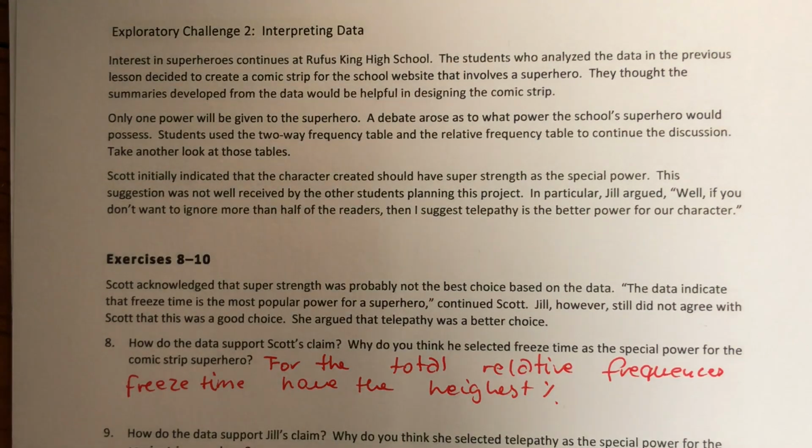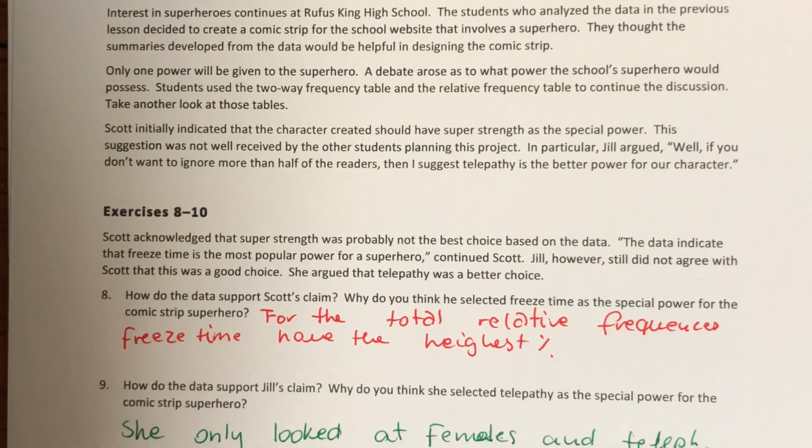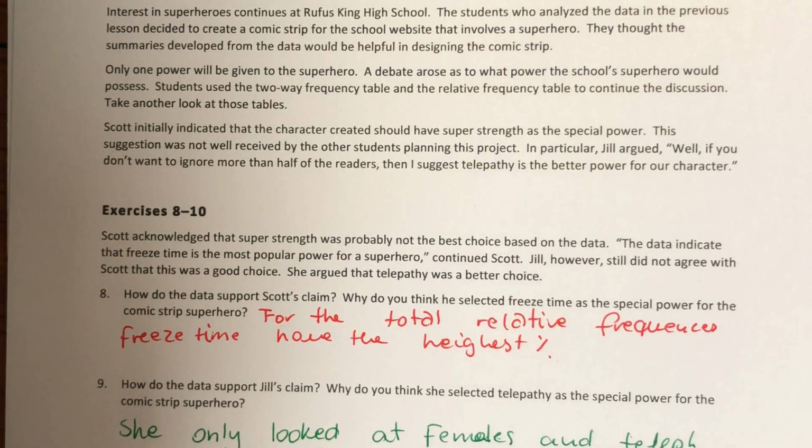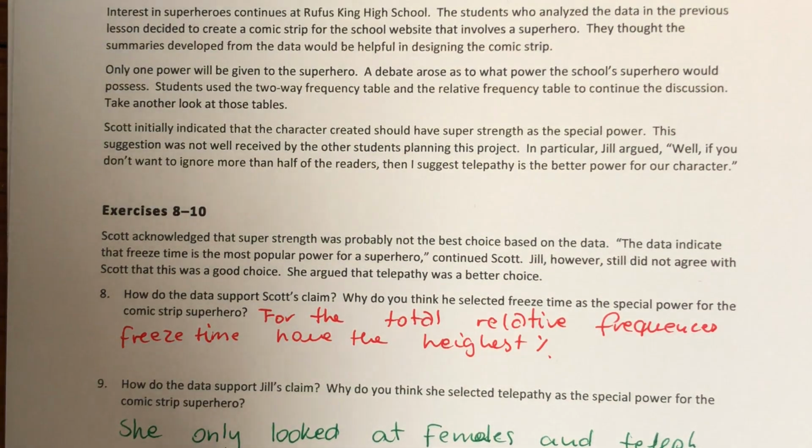Take another look at those tables and please have them in front of you. Scott initially indicated that the character created should have super strength as the special power. This suggestion was not well received by the other students planning this project. In particular, Jill argued, well, if you don't want to ignore more than half of the readers, then I suggest telepathy is the better power for our character.